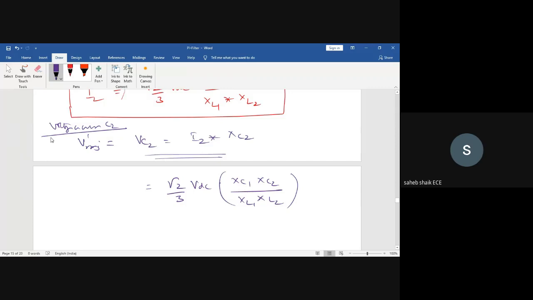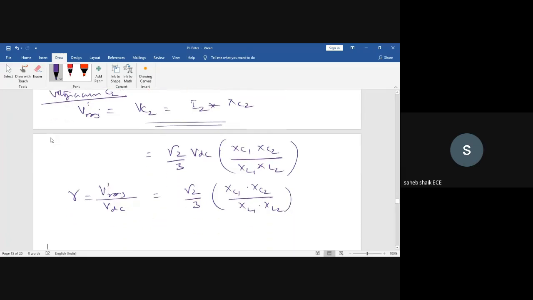Now I am just putting this VRMS dash by VDC again. What is this VRMS by VDC? It is the ripple. So this becomes root 2 by 3 into XC1 into XC2 by XL1 into XL2.